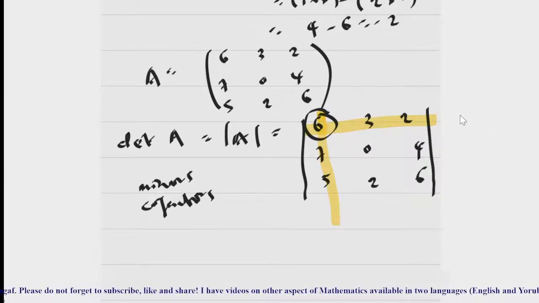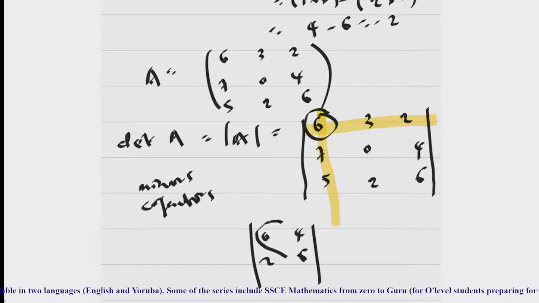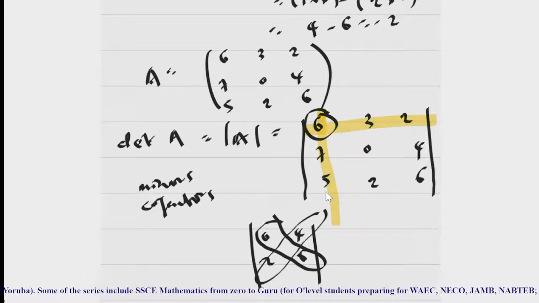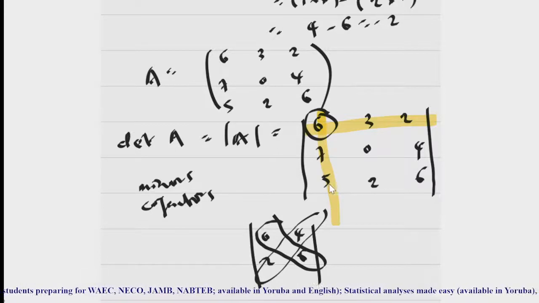You can see at the end of the day, you are going to have a determinant of 2 by 2, which is 0, 4, 2, 6, which you can compute straight away by multiplying the elements along the leading diagonal minus the elements along the second diagonal. You understand now? So you are going to do that for each of the elements. You find the minor of each element of that matrix. If that is clear, you know how to find the minor of a matrix now.